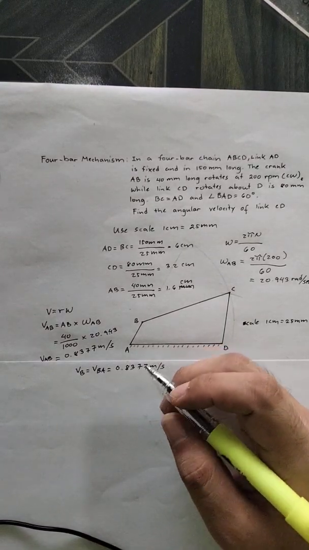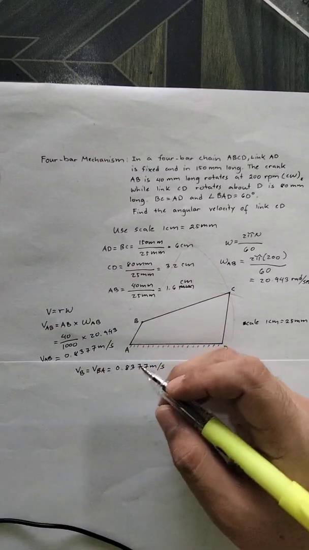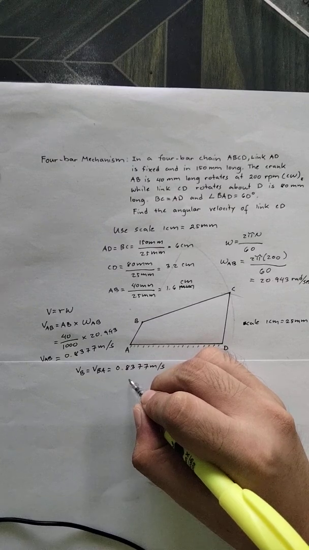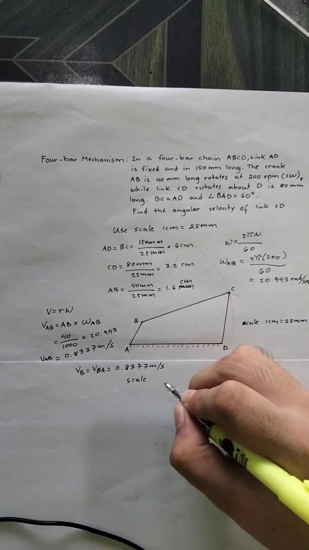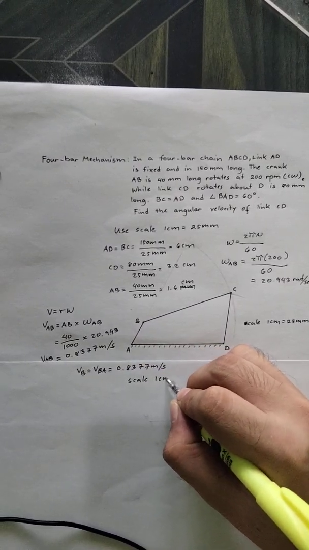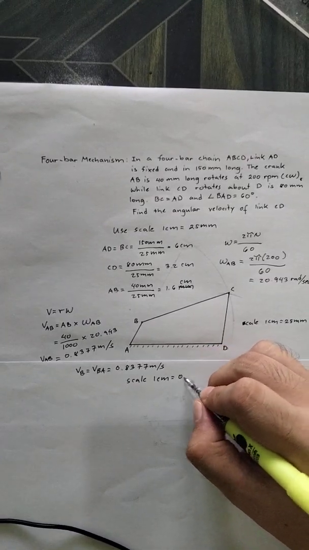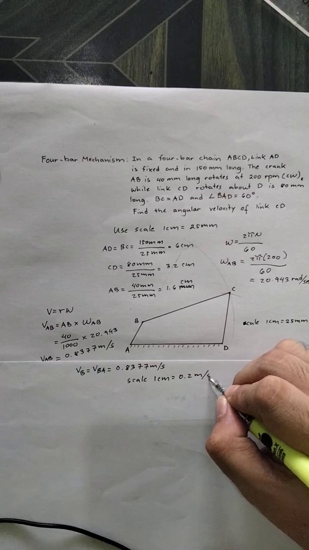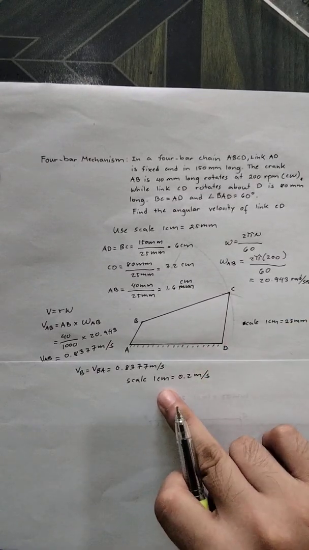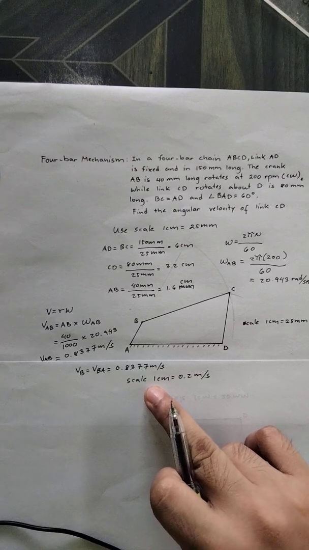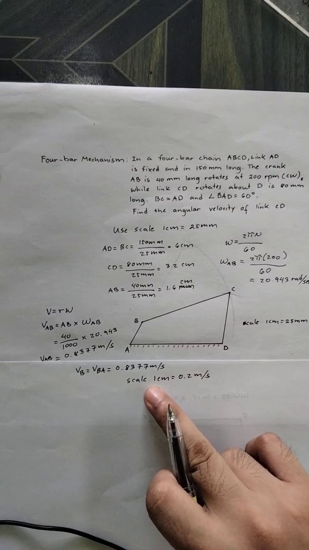Since we're doing a graphical method, let's say for example that I will use a scale of 1 cm equal to 0.2 meter per second. So this is the scale that will reflect in your velocity diagram.